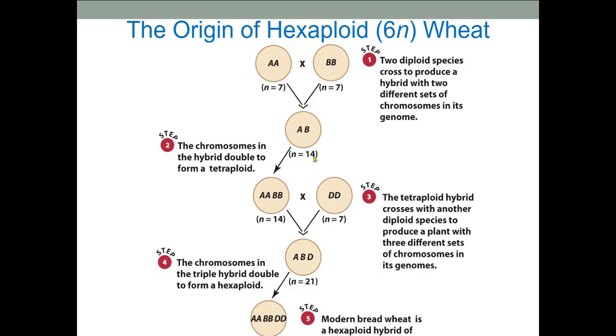Now, I like this labeling a little bit better because this isn't a true diploid, right? Because I don't have 2 copies of the A genome or 2 copies of the B genome. So it's not really a true diploid. What we're saying is it's got all these chromosomes now and a haploid number of 14. So 7 A's and 7 B's, if you're going to think about it that way. It then can go through that rescue step.